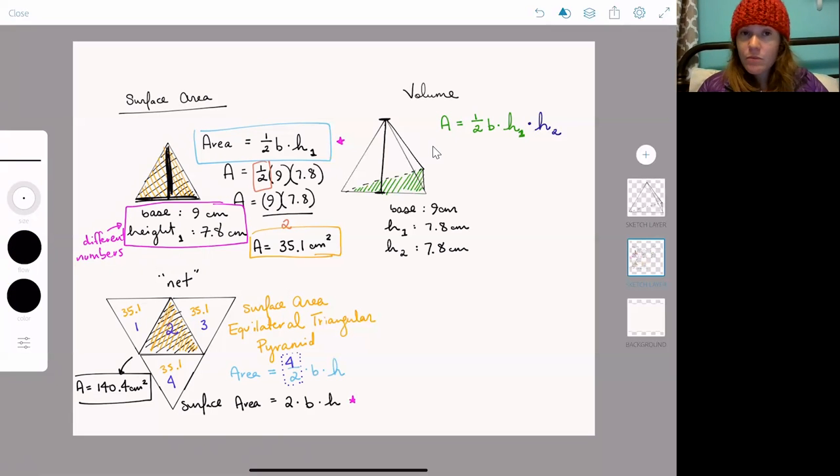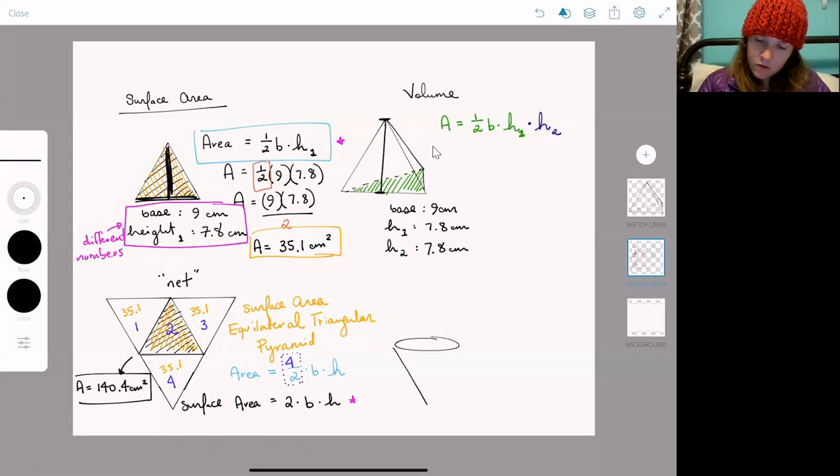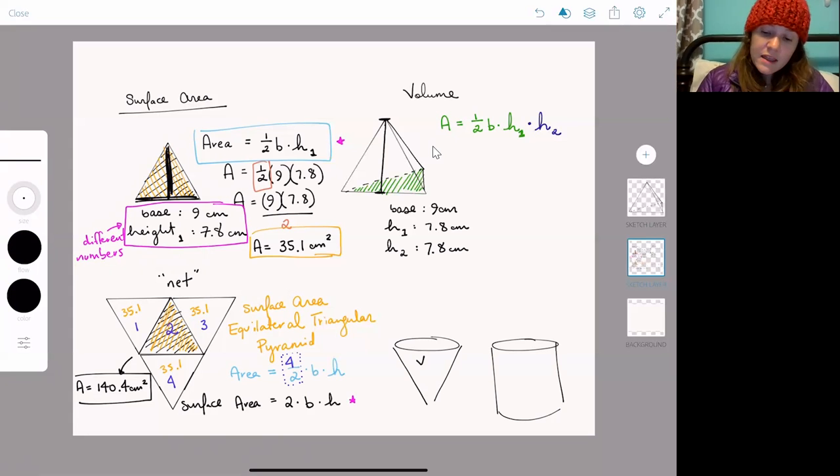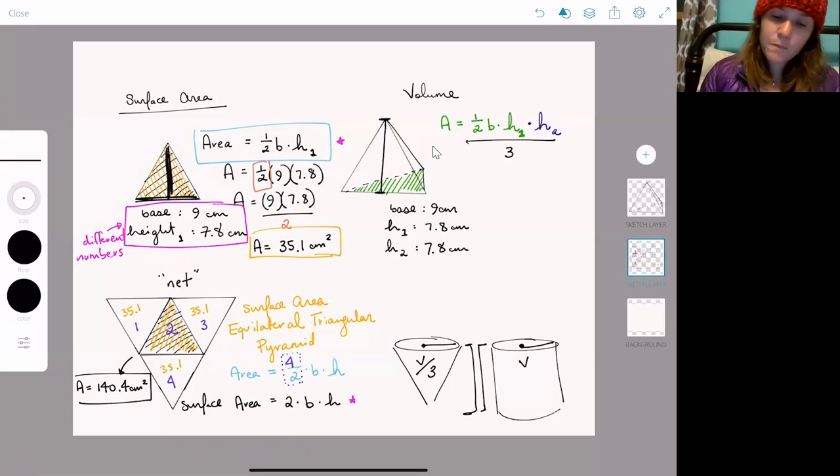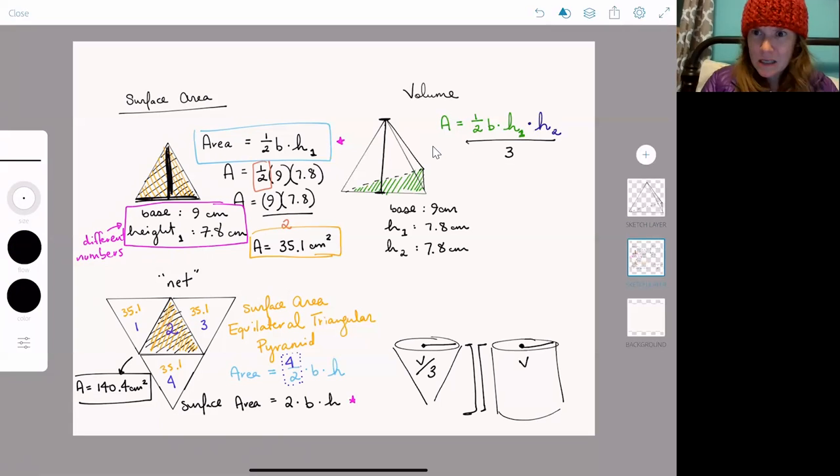But if we remember from when we were doing the volume of a cone versus the volume of a cylinder, we knew that the volume of the cone was the same as the volume of the cylinder when their radius and their height was the same. But this is going to be 1/3. So same here, this is going to be 1/3 of that value.